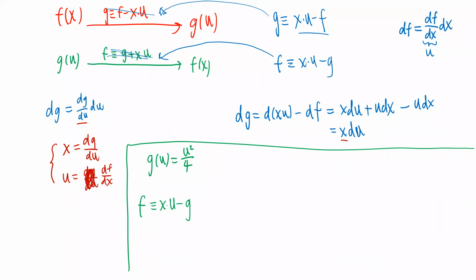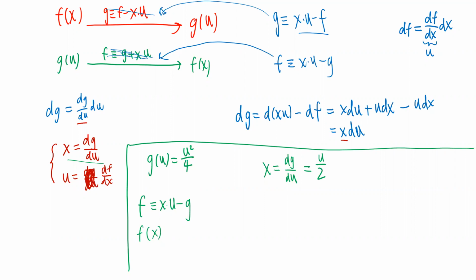And at the end, I want f to be expressed as a function of x, not a function of u. So here, using this relation, we know that x has to be equal to dg/du, and dg/du is just u divided by 2.